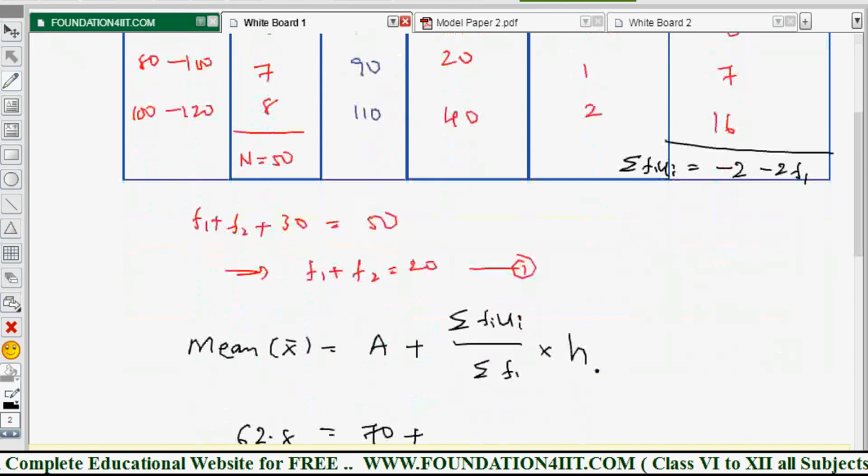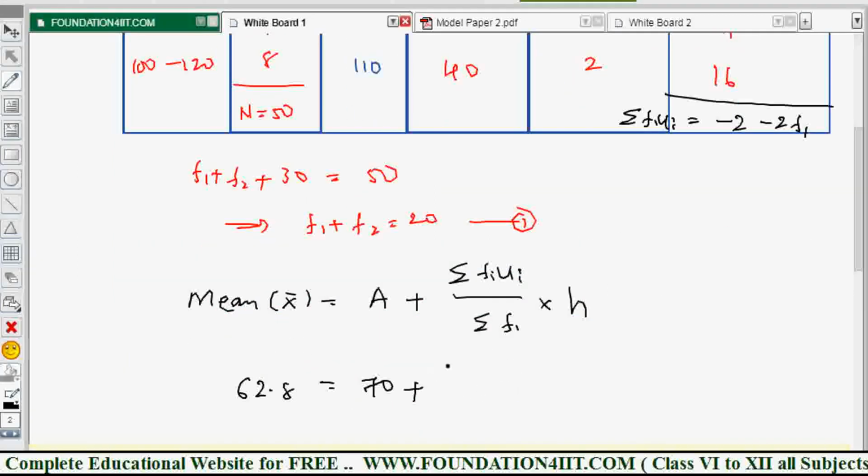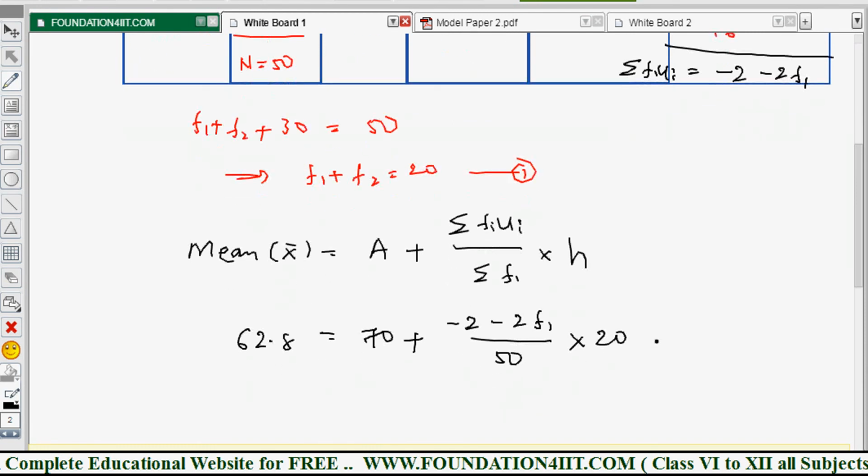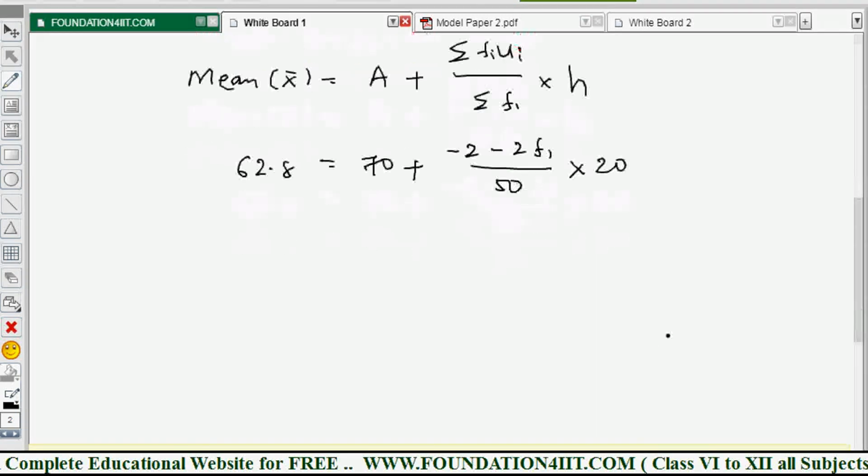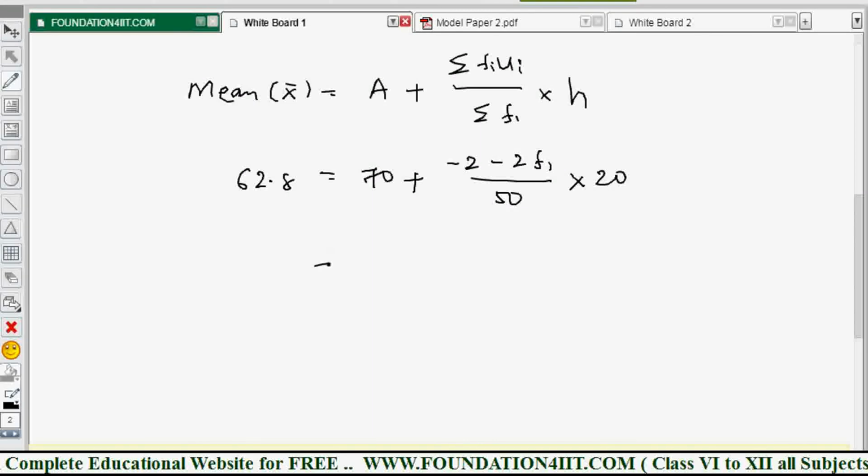Just substitute here in this formula. Minus 2 F1 by sigma f, which according to the question is 50 in total, and the class size is 20. Just simplify this value.